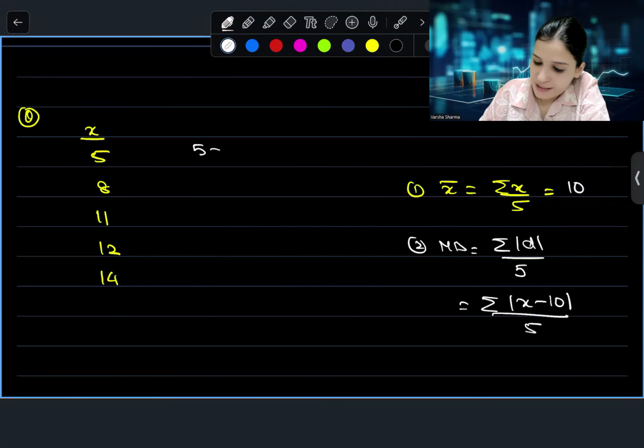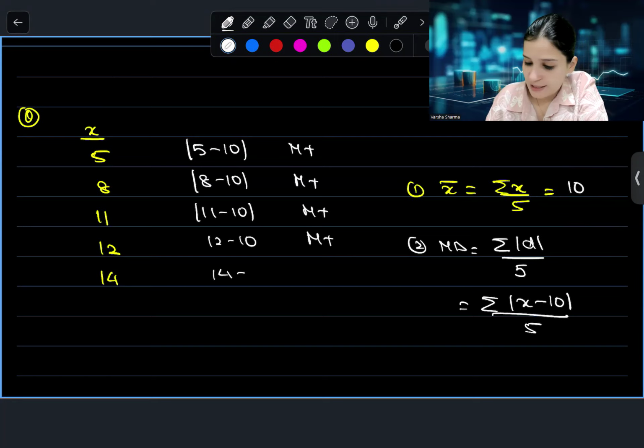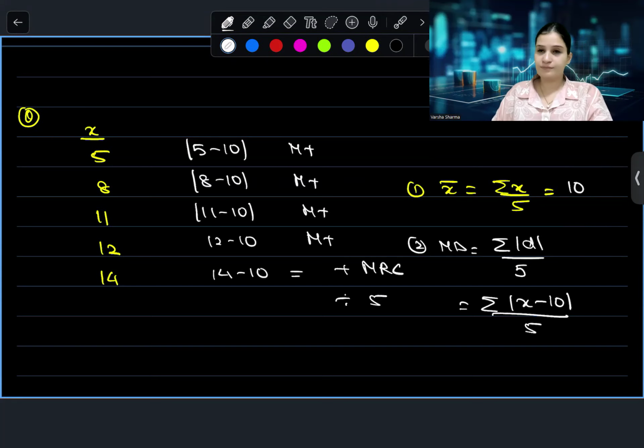So you can do 5 minus 10 absolute value plus, 8 minus 10 absolute, change the sign, plus, 11 minus 10 plus, 12 minus 10 plus, 14 minus 10 equal, divided by 5. 2.8. All of you got the answer?